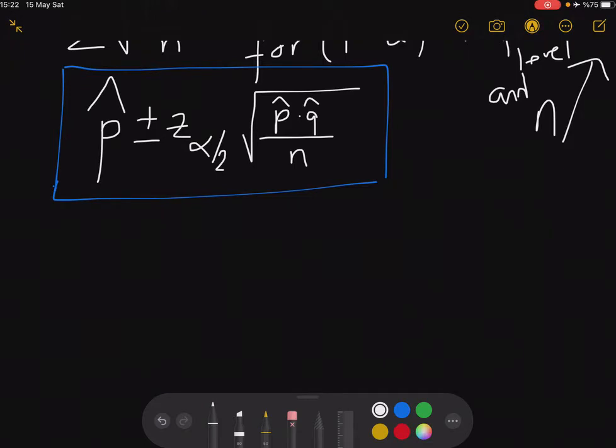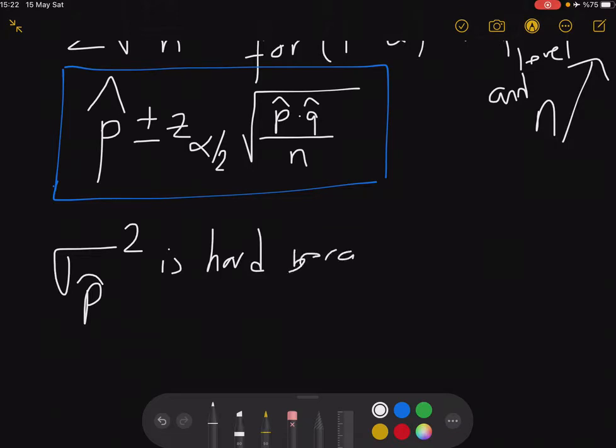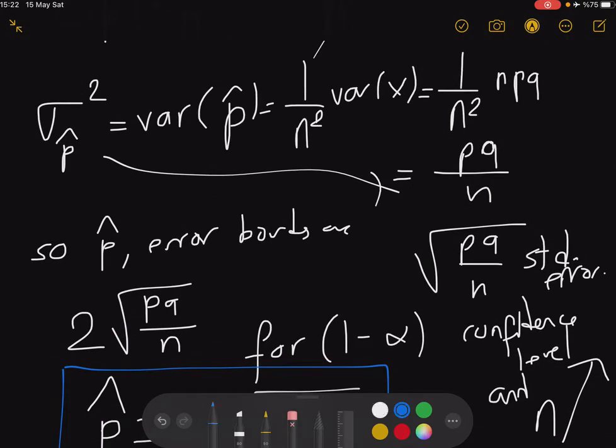And the problem here is this one is rather hard, because you need p here, because in its definition you need p.